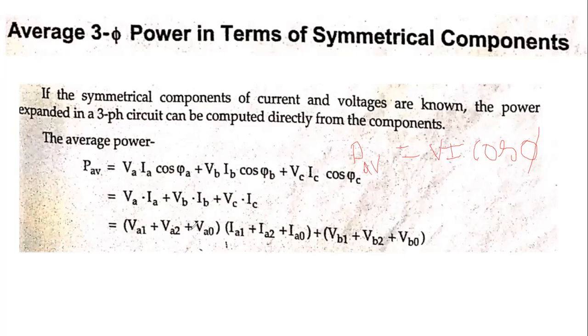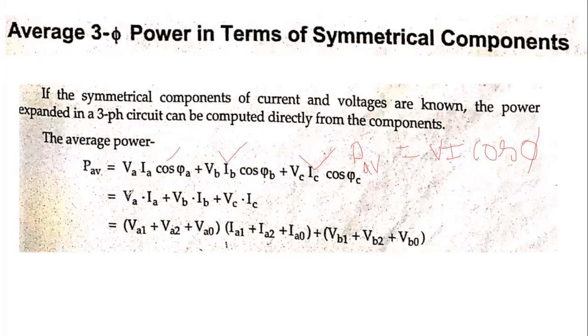Substituting, P average is equal to VA IA cos phi a plus VB IB cos phi b plus VC IC cos phi c.